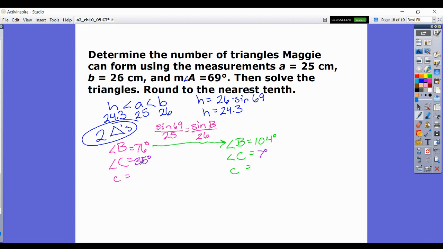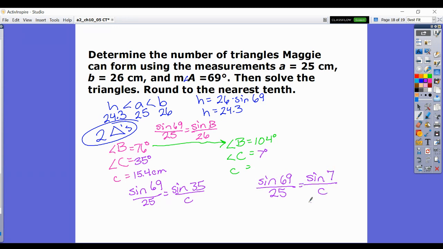All right, to find side C, we'll just set up that A proportion. Sine of 69 over 25 equals sine of 35 over C. Just cross multiply and divide to find this one. You get 15.4 centimeters. And over here, we would do the same one, so you don't have to write it out, but this time my angle up here for C is 7.